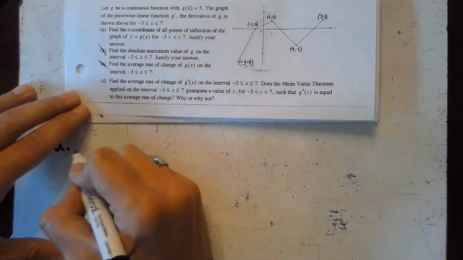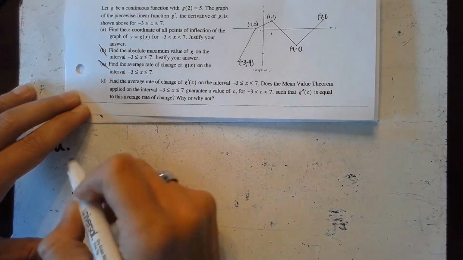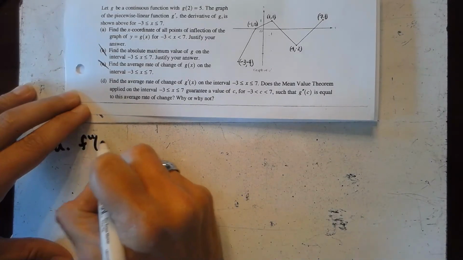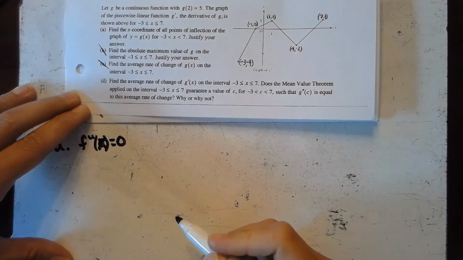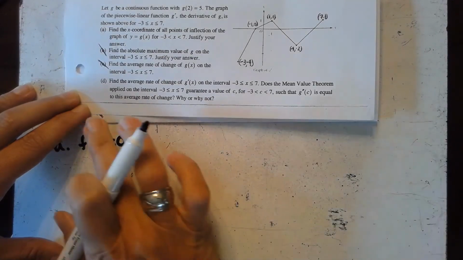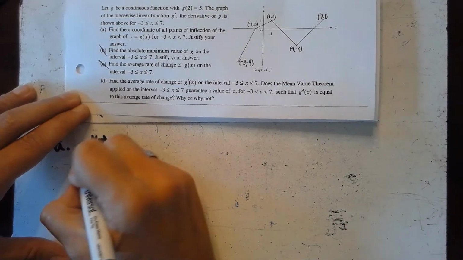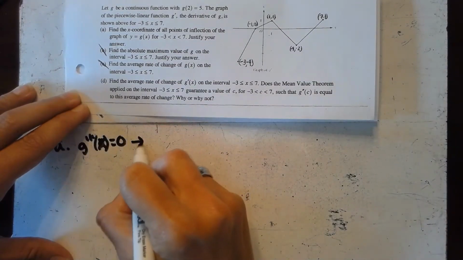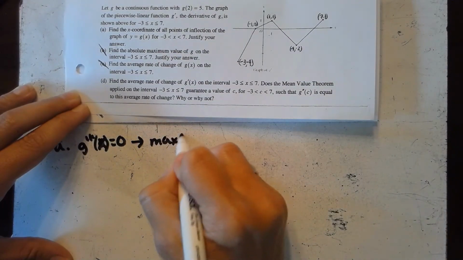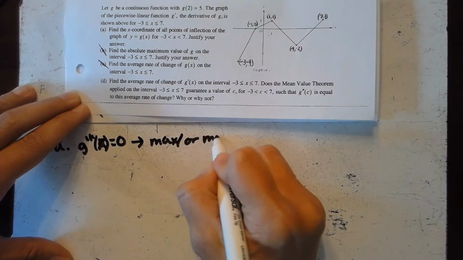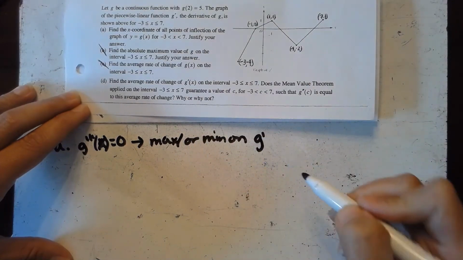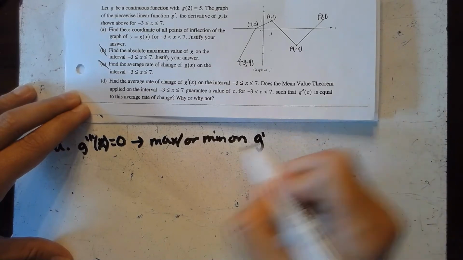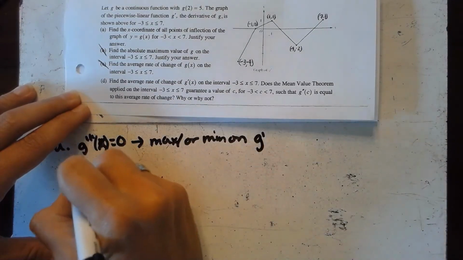Remember, points of inflection, it's when f double prime equals 0, or in this case, G double prime. But what it's going to look like is a max or min on G prime. And then it's going to change concavity.